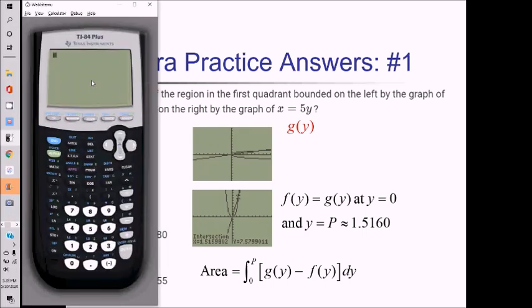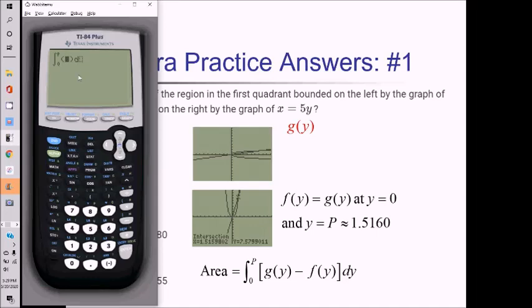To do that on the calculator, I'm going to be a little bit tricky again. Let me do Math 9 to pull up an integral, so nothing tricky there. Limits of integration are going to be 0 and alpha p. Now keep in mind these are y values, theoretically. And I'm going to do g of y minus f of y. This is where I get a little bit tricky. I have these entered as functions of x, or functions of y in terms of x.